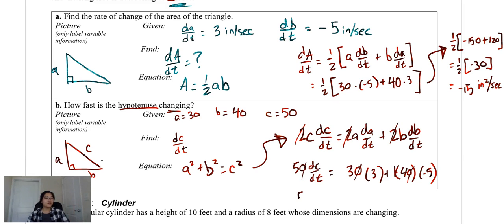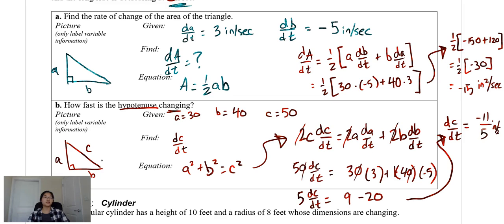So then we have 5 dC/dt equals 9 minus 20. So then we get dC/dt equals, what's 9 minus 20? -11/5 inches per second.